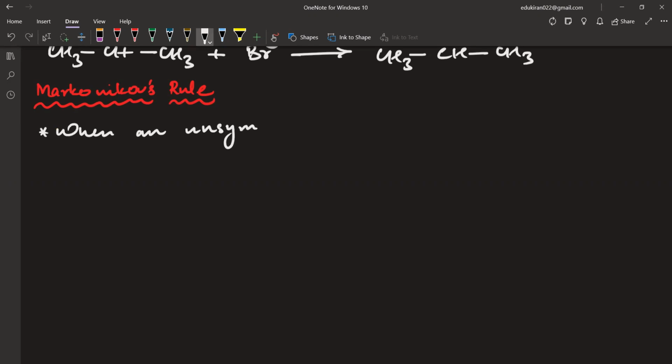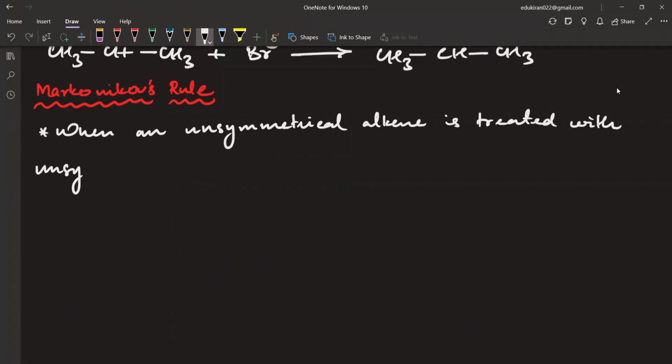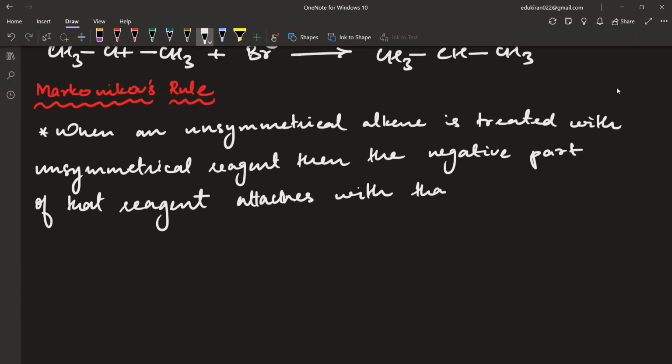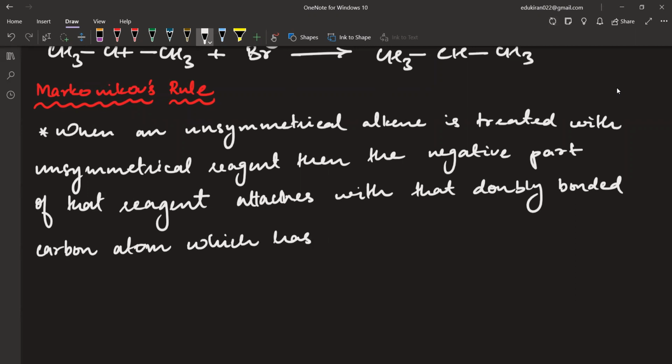When an unsymmetrical alkene is treated with an unsymmetrical reagent, then the negative part of that reagent attaches with that doubly bonded carbon atom which has what?